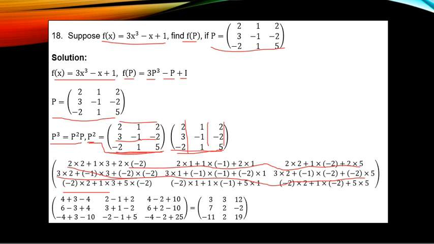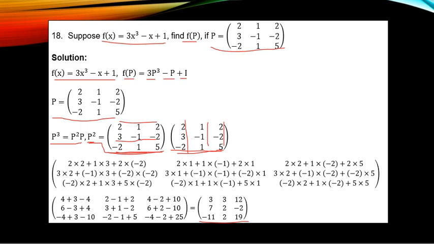When you do that, you have this matrix for P squared. Okay, I said I'm going to explain it.